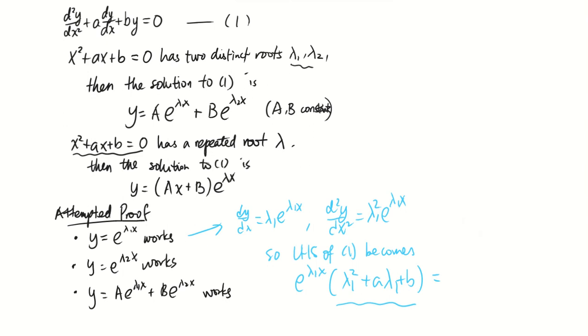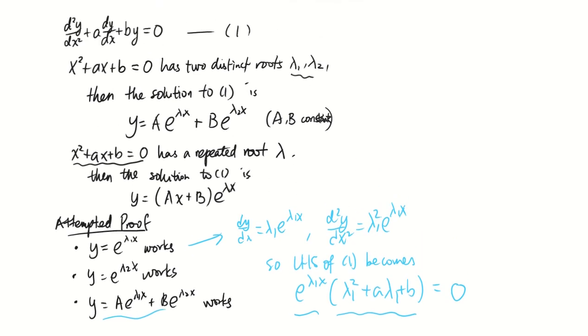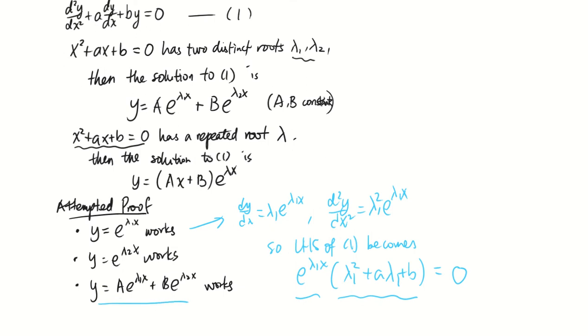Because lambda 1 is a root of the polynomial x squared plus ax plus b, and hence this factor is 0, and multiplied by this exponential, it is also 0. It works the same way for the second part. And by linearity, if y1 works and y2 works, then y1 plus y2 will also work, so this will absolutely work.